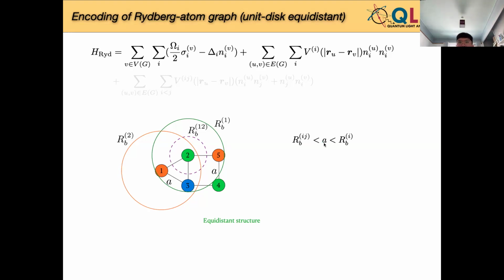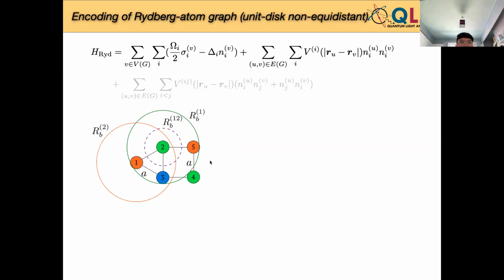So the only thing we need to do is adjust the lattice spacing to be in this window: less than the intrastate Rydberg blockade radius, and bigger than the interstate interaction term here.